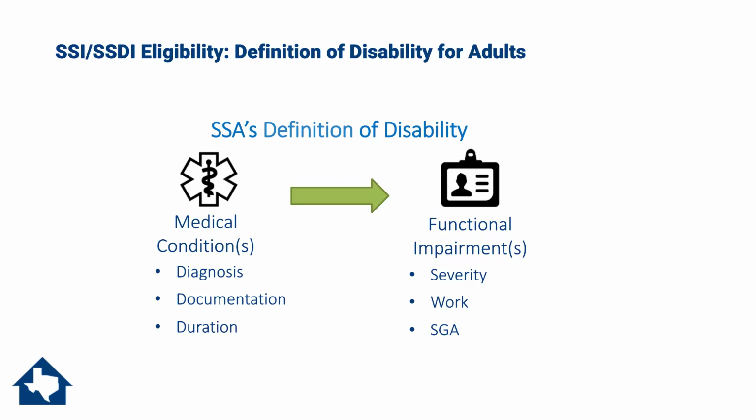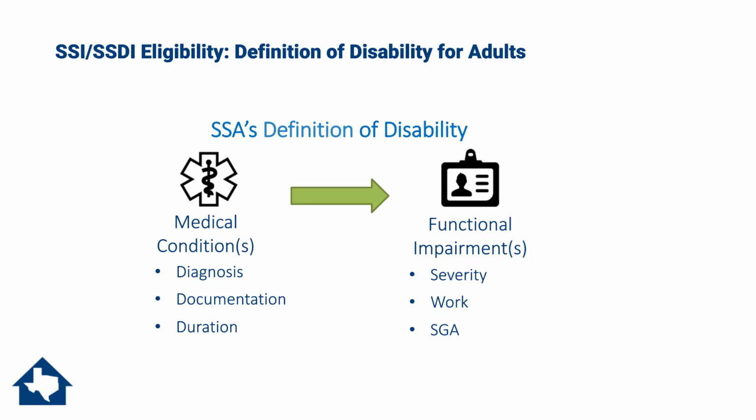So SSI, SSDI eligibility. Let's talk about the definition of a disability for adults. Typically, within SSA's definition of disability, this is how they define it. A disability is the inability to engage in substantial gainful activity. Sometimes they refer to it as substantial gainful employment. It just depends on who you're talking to.